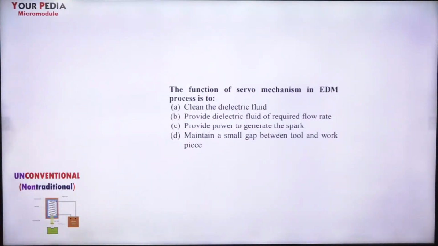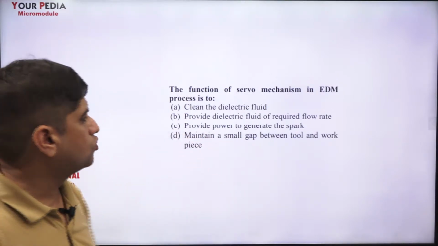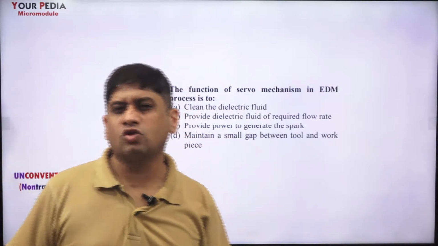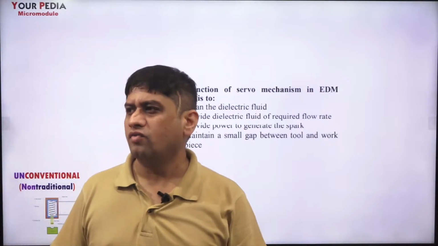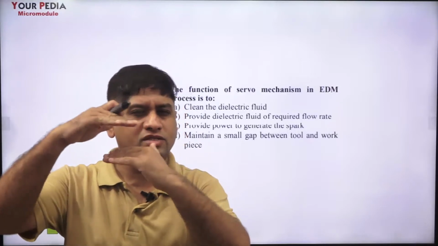Okay, now answer this question. What is the role of the servo mechanism in the EDM process? It is to maintain a small constant gap between tool and workpiece. The servo control is the mechanism which makes sure that the gap between tool and workpiece is appropriate.